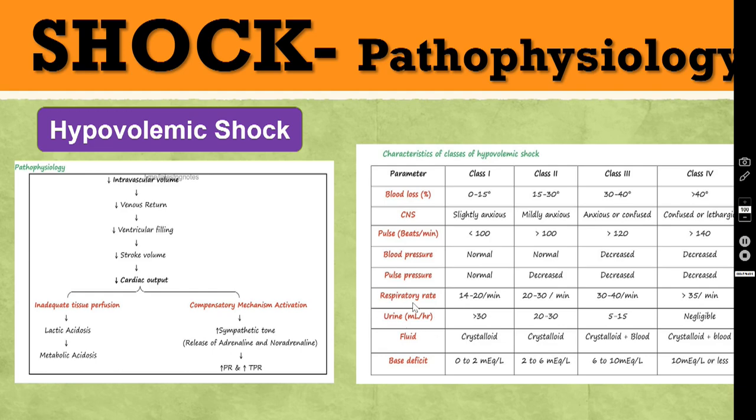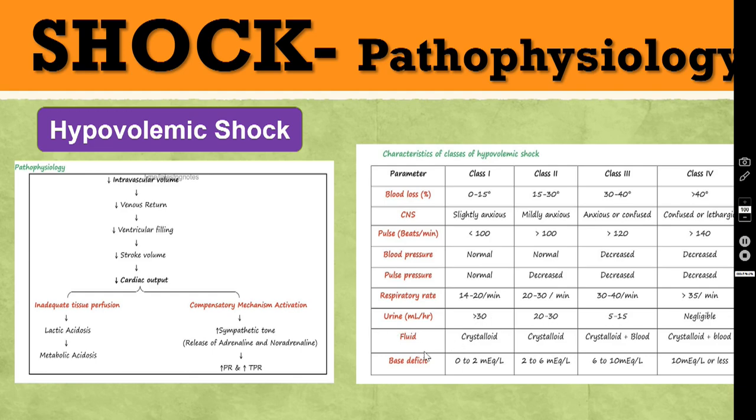Coming to the urine output, that is ml per hour. In class 1, it is more than 30 ml per hour. In class 2, it is 20 to 30 ml per hour. In class 3, it is 5 to 15. And in class 4, the urine output is negligible. See, slowly it is getting decreased.